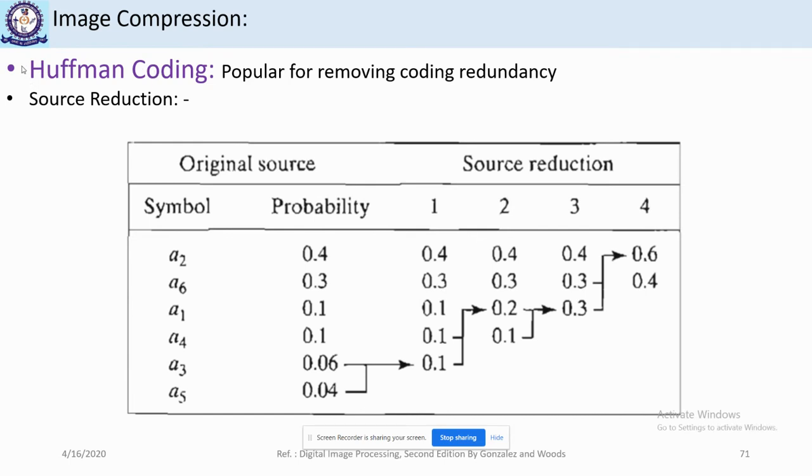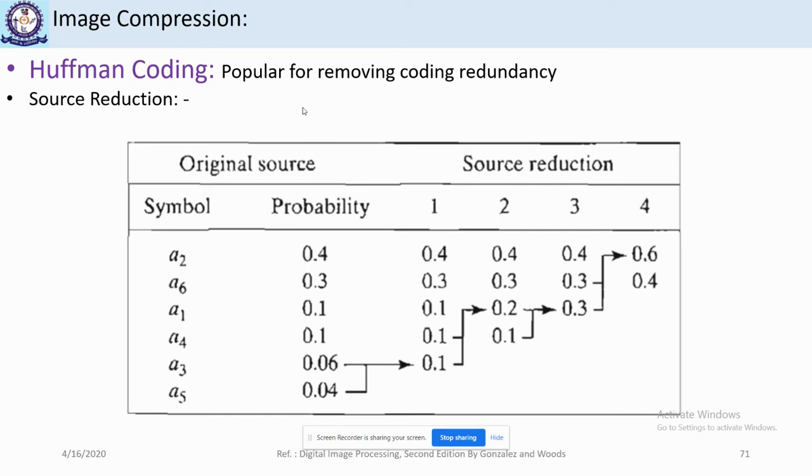In the introductory video of image compression, we discussed various redundancies. One was coding redundancy. To remove coding redundancy, what did we do? We used variable length coding.